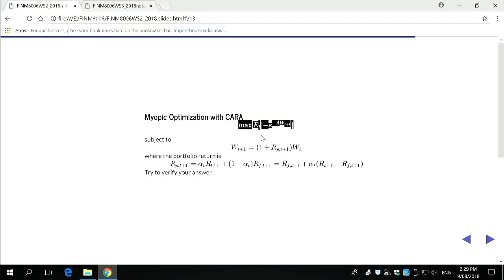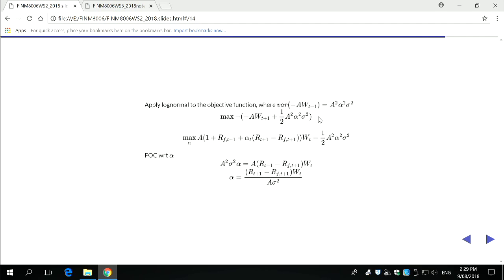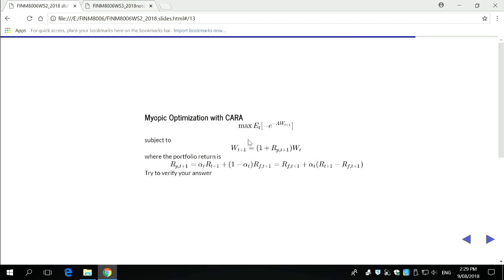If I take the log of the expectation of minus e to the power of minus a W, remember this is log normal. So log of expectation equals what?